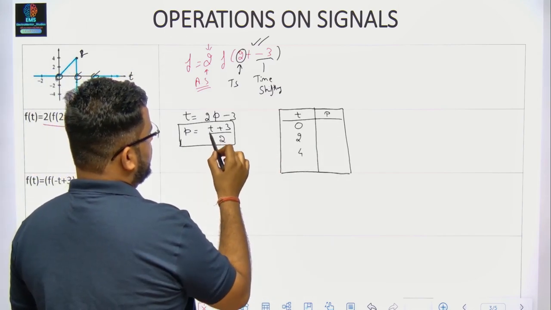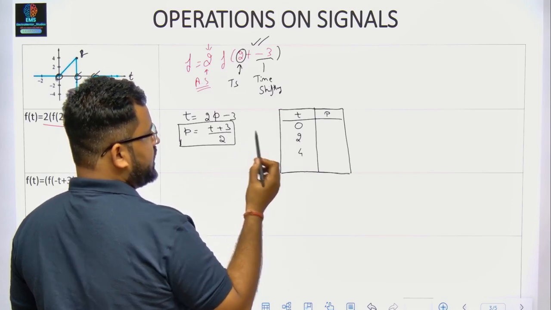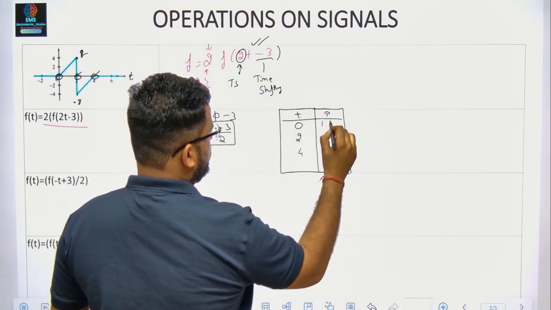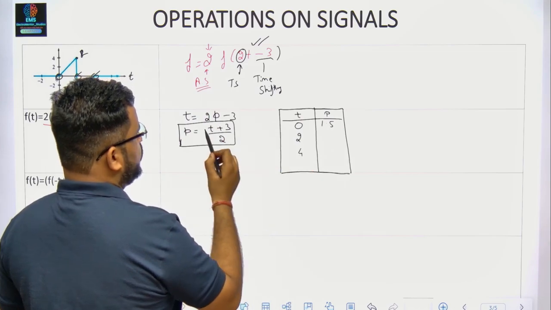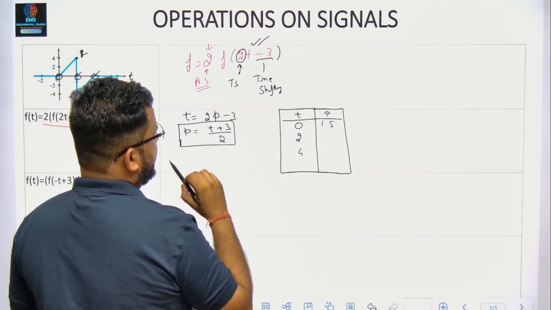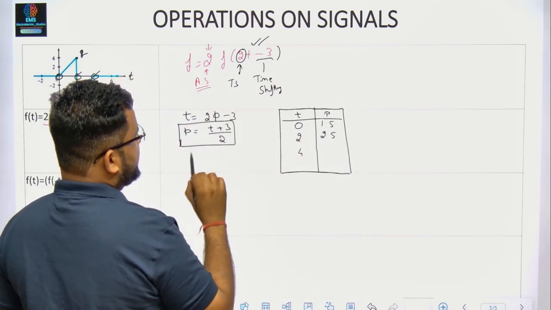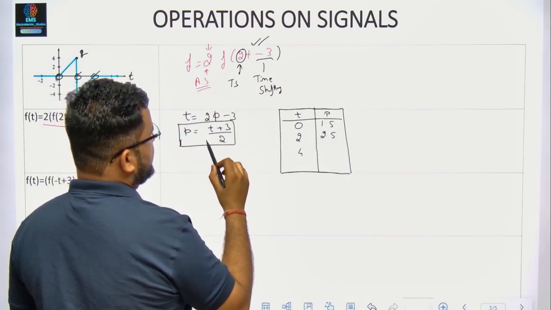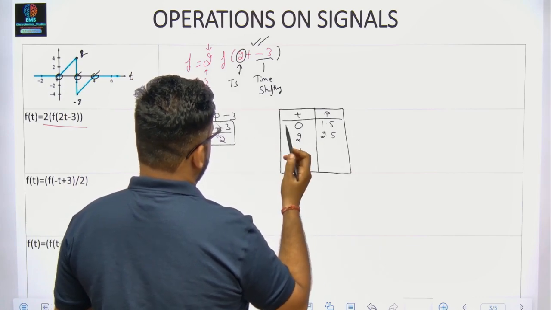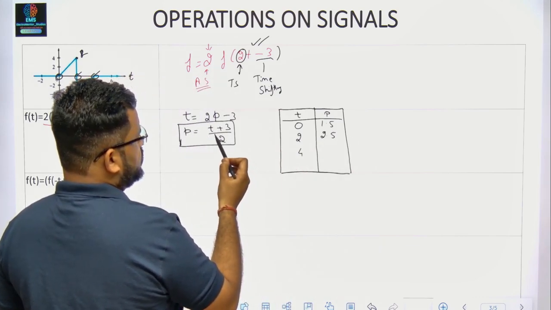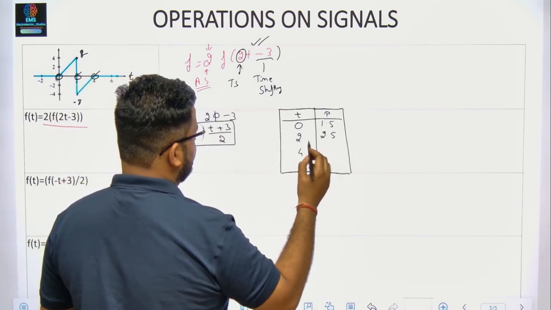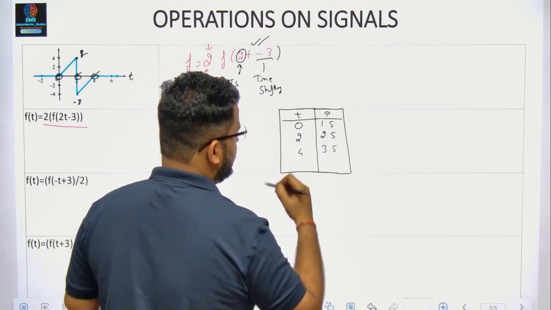When t is equal to 0, 0 plus 3 is 3. 3 divided by 2 is 1.5. Put t is equal to 2. 2 plus 3 divided by 2 is going to give me 2.5. And what is at t is equal to 4? 4 plus 3 is 7. 7 divided by 2 is 3.5.